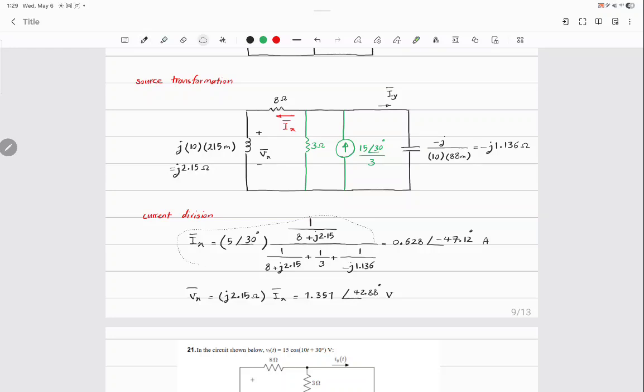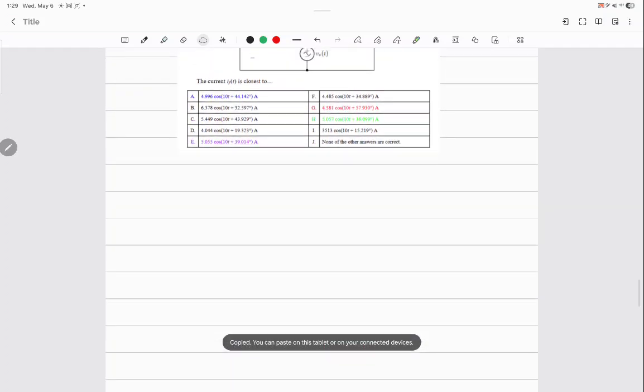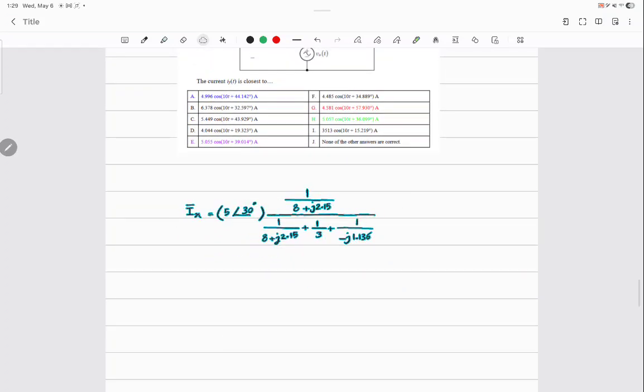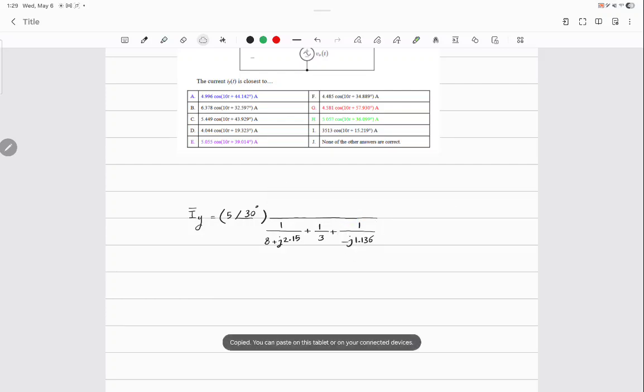So I'm going to write it like that. If this is Iy, the only thing that should change is that in the denominator, you should put this guy. Do you have the answer?